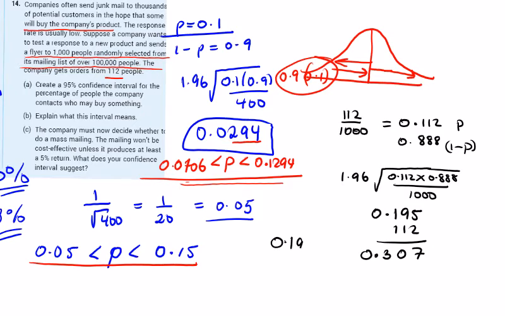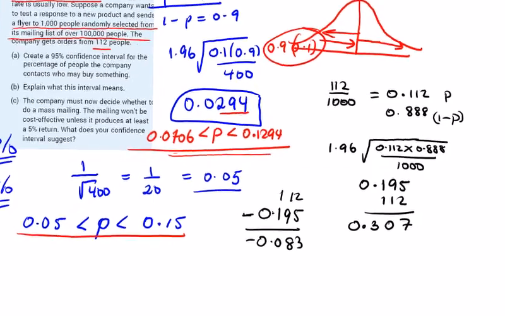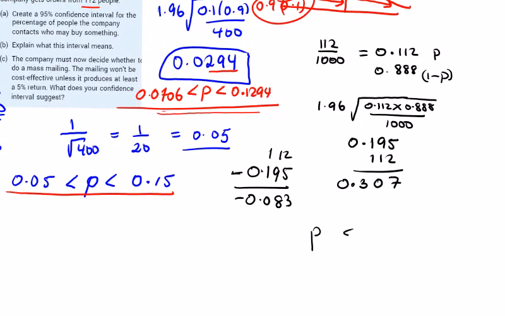We have to take away 0.195 from 0.112, and that's going to give negative 0.083. So p is between 0.307 and minus 0.083.